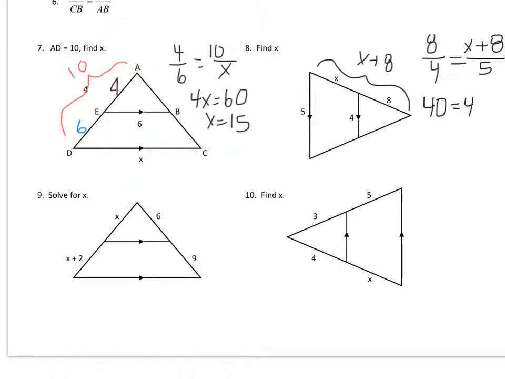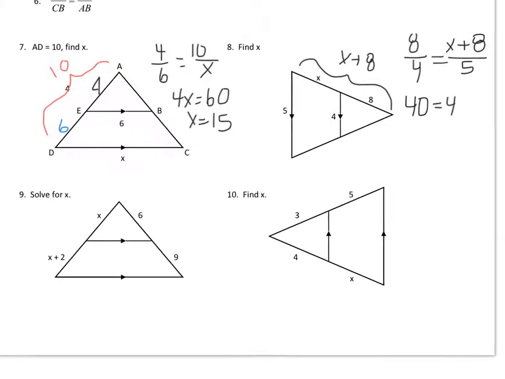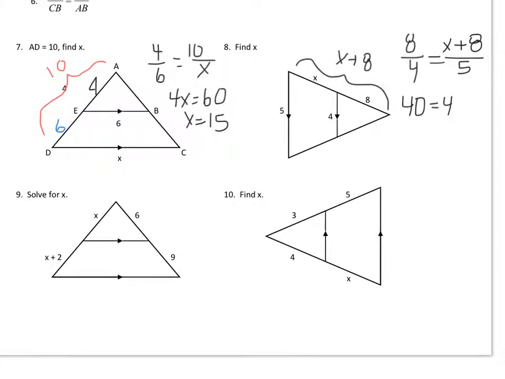And I also would get 4 times x plus 8. I get 40 equals 4x plus 32. If you subtract 32 from both sides, you'll get 8 equals 4x, or x equals 2.